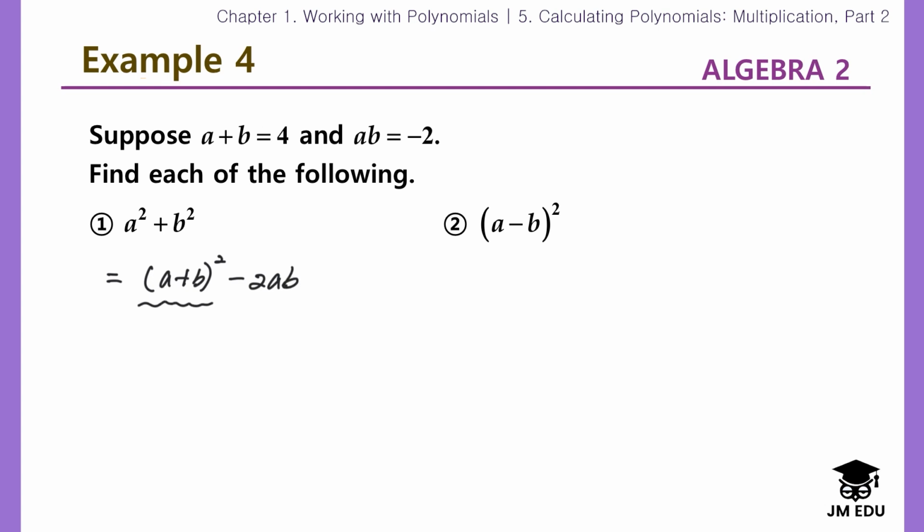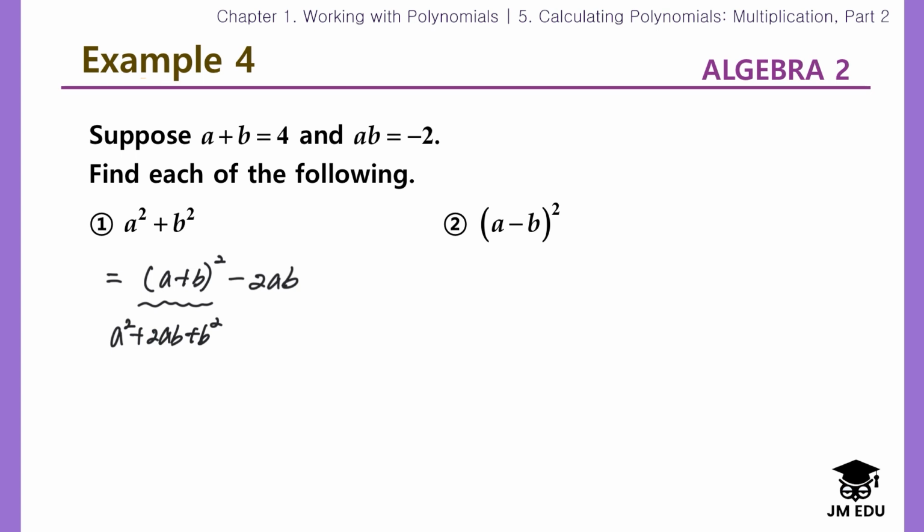Because this one right here, that's a squared plus 2ab plus b squared. So if we have minus 2ab here, then these two terms will be cancelled out, right? So that's just equal to a squared plus b squared.